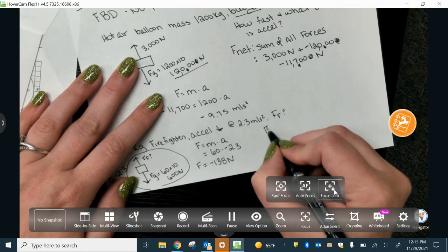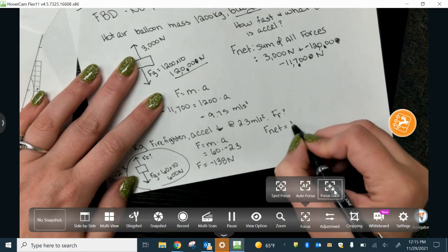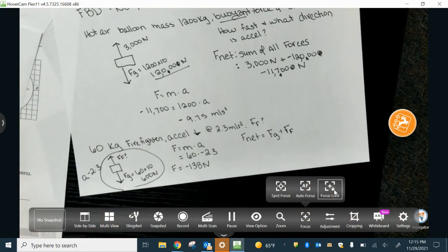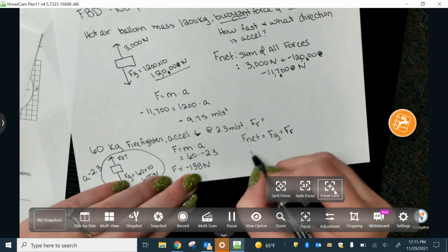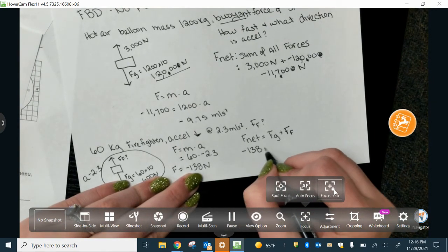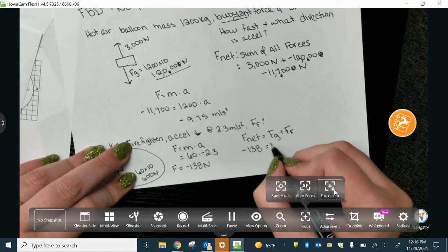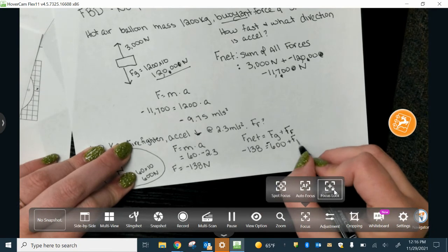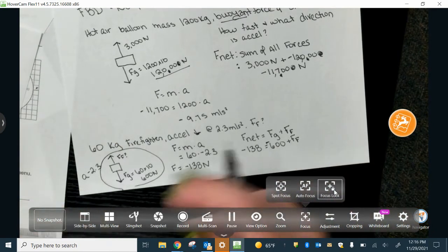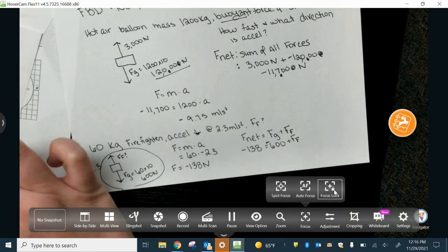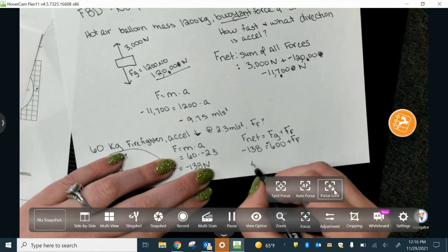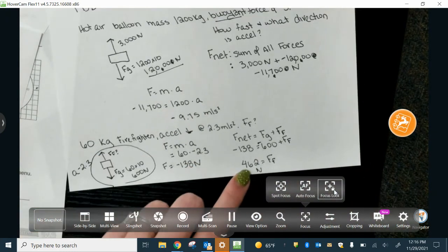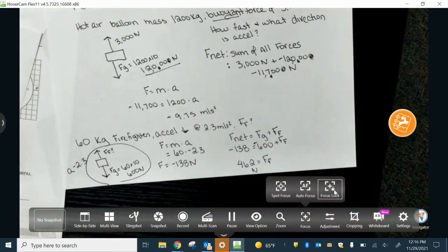And I know that my F net is equal to the sum of all my forces. I now know that my F net is negative 138, and my gravity is 600, and it's going to be also downward, plus my frictional force. So add 600. 462 is my frictional force, in newtons. It is a positive number because it is going upwards.